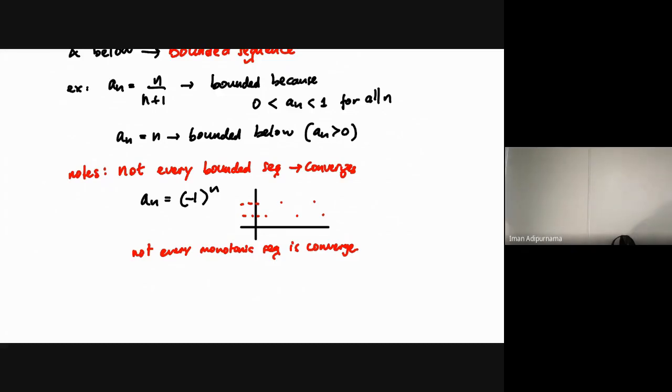Bounded means it has a specific stopping point, and monotonic means it is always increasing or always decreasing. That's called monotonic.